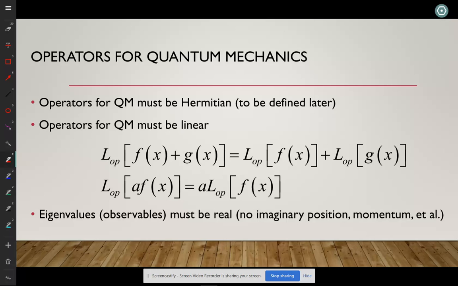Or given an operator, you should be able to calculate, is this function a function of this operator? Eigenvalues are the names for the observables. So I think I did talk about that terminology. We'll talk about eigenstates and eigensystems coming up very soon.